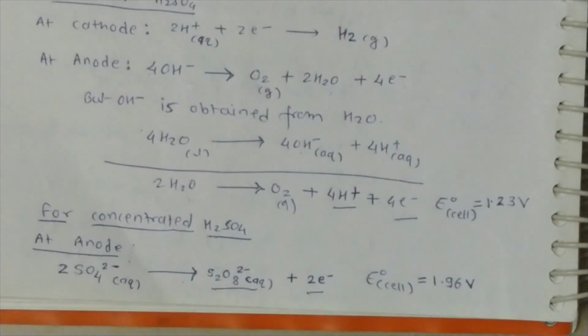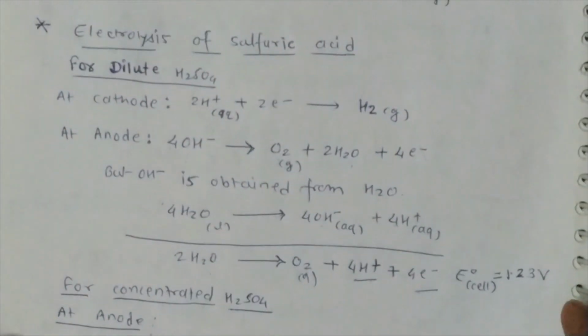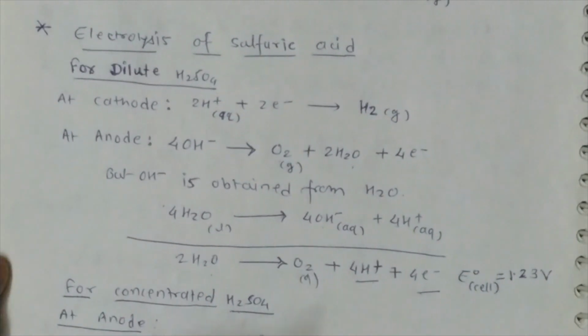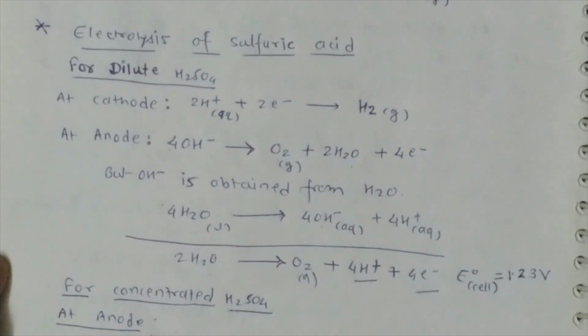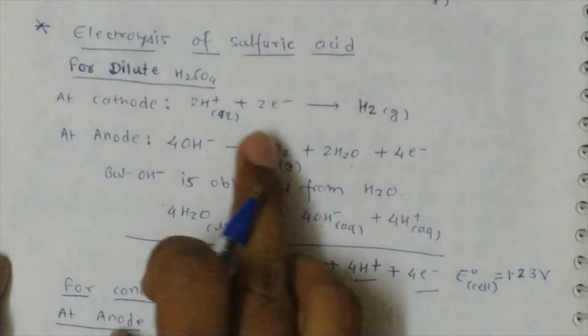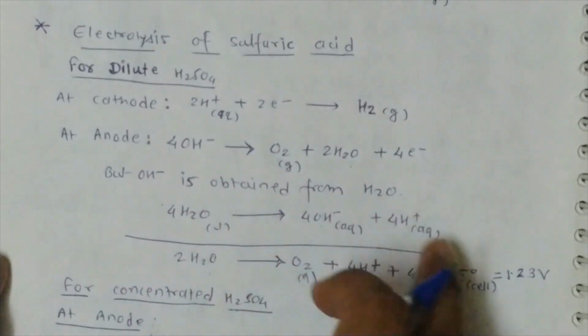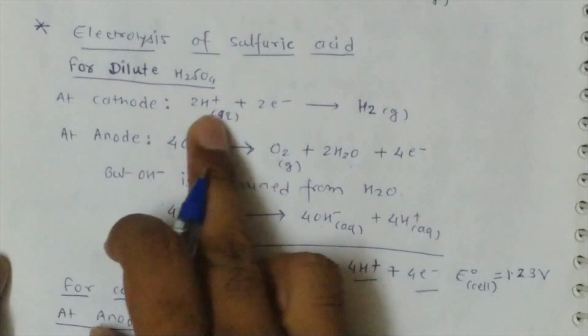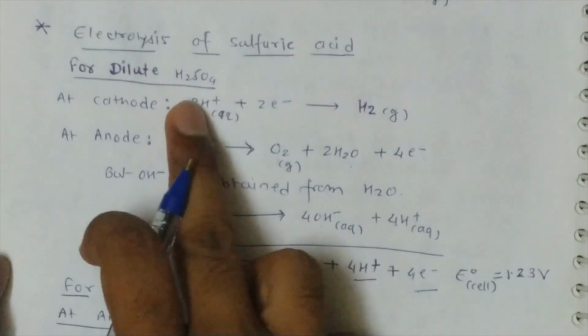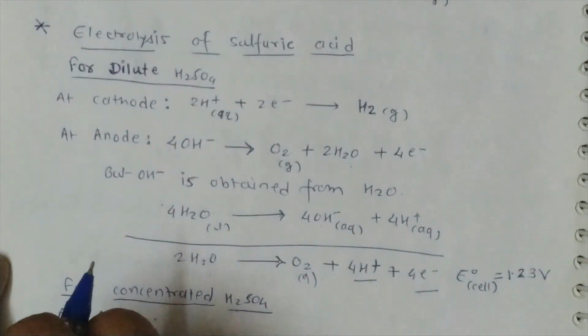What is liberated at the cathode, and what is liberated at the anode, if dilute and concentrated H2SO4 is electrolyzed? So you can see here, if you take dilute H2SO4, then in dilute H2SO4 there are 4 ions present: H plus ion obtained from the H2SO4, H plus ion obtained from the water, SO4 minus ion obtained from the H2SO4, and OH minus ion obtained from the water.